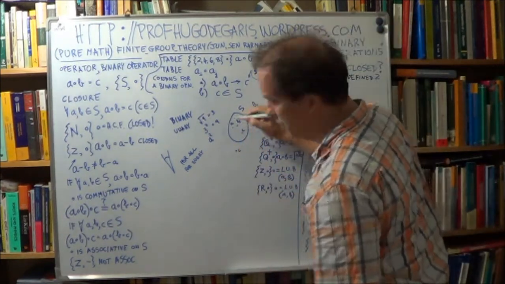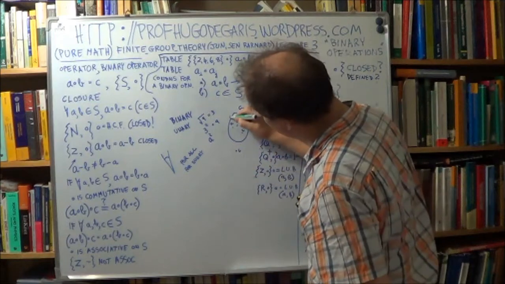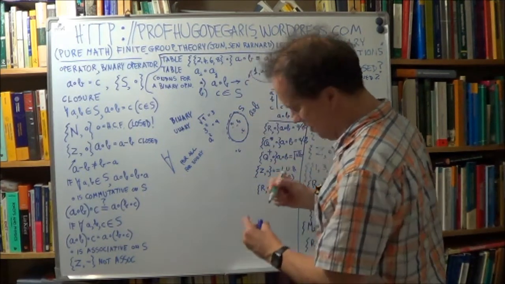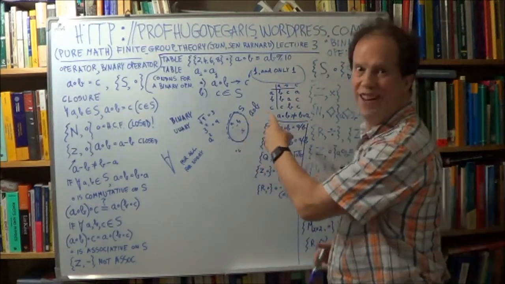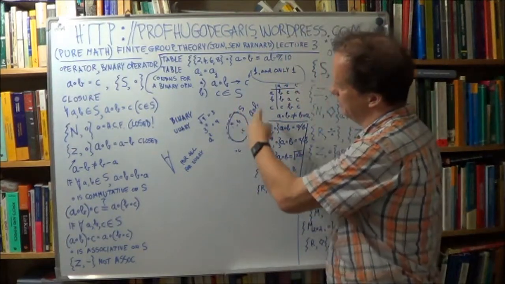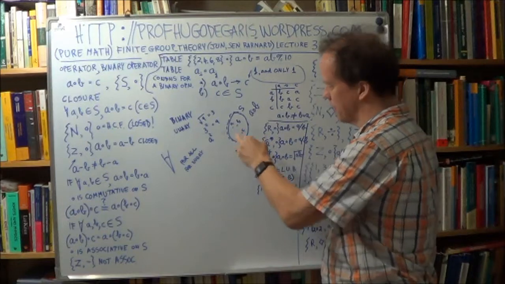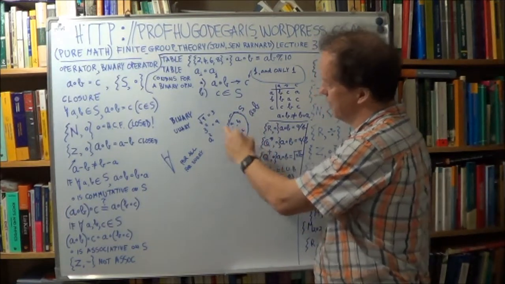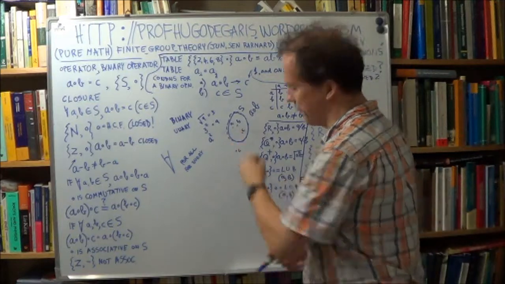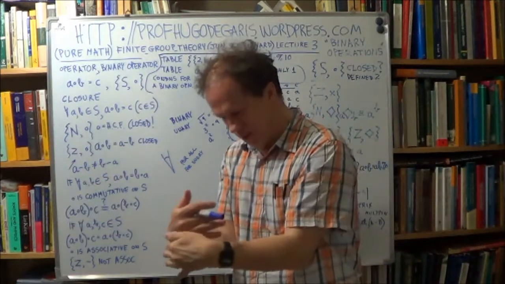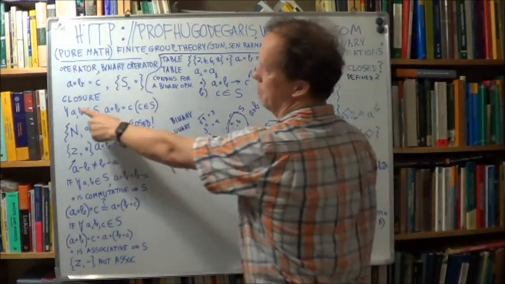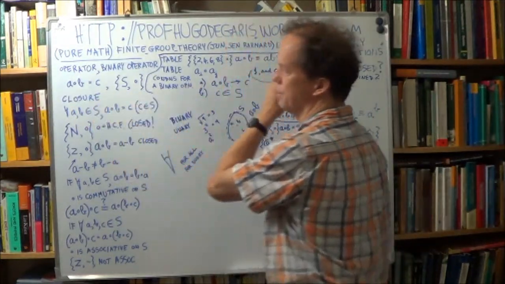In a manner of speaking, imagine a kind of fence around the set in the Venn diagram. All the results lie within the set, so in that sense the set is closed. The results can't get out. They're inside the set. That's why the term closed is used.